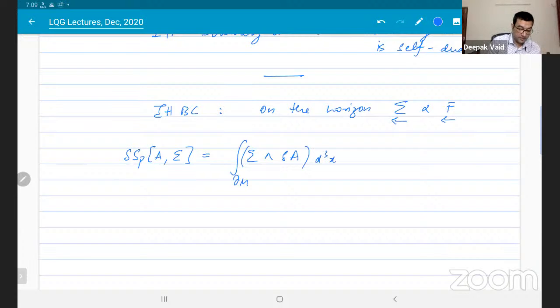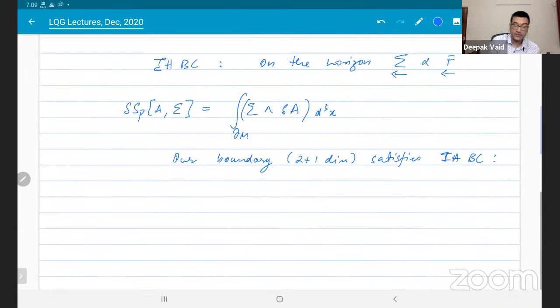But now we are saying that our boundary, and this is a 2+1 dimensional surface, satisfies this isolated horizon boundary condition. And the isolated horizon boundary condition is very general. It applies to both charged and uncharged black holes.